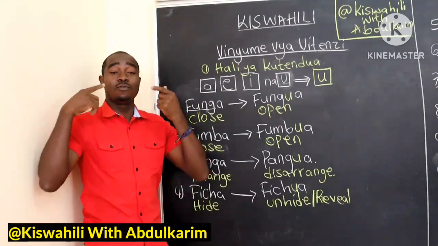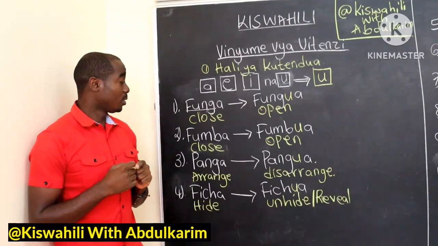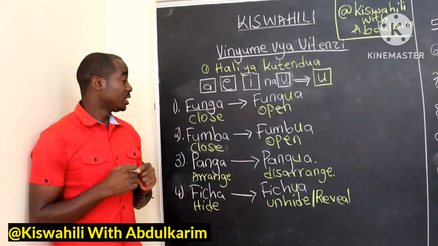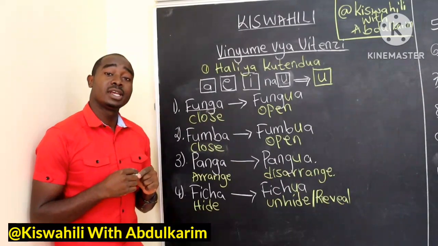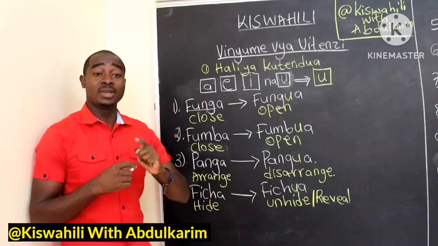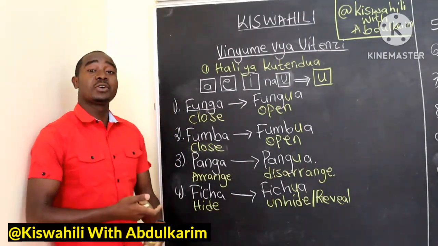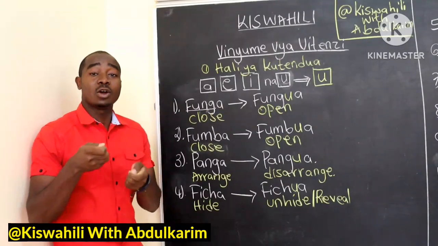Sawa? Fumba, fumbua. We have a Swahili phrase that says kufumba na kufumbua. Kufumba na kufumbua means within a short period of time, like in a blink of an eye. We say kufumba na kufumbua.